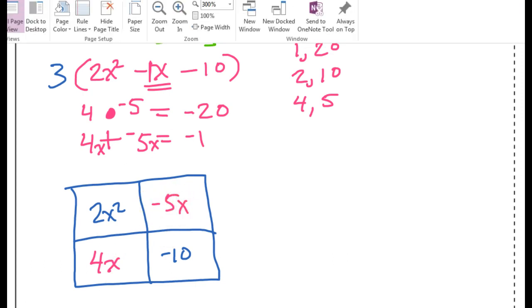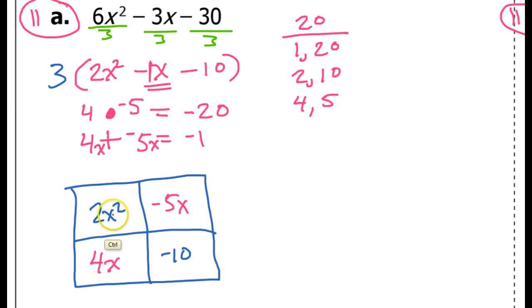Now we will do the GCF of every row and every column. So the GCF of the top row is x. The GCF of the bottom row is positive 2. The GCF of the first column is 2x. And the GCF of the second column is negative 5. Now, I'm calling it negative 5 because the first term is negative.